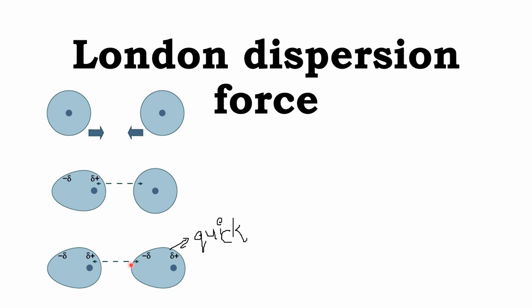So we do have a cloud of electrons, but due to repulsion and some more factors, it does not last, and we term it as an instant induced atom, and this one is called induced.